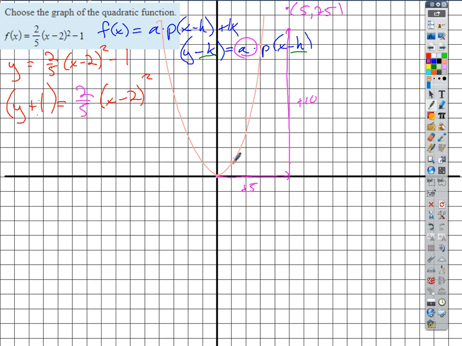Instead of going up 1, I'd only go up 2/5, so I'll try to estimate that. Instead of going up 4, I'm going to go up 2/5 of 4, which is 8/5, right? So what is that, 1 3/5, so something like that. And we get an idea that this thing's been squished quite a bit.